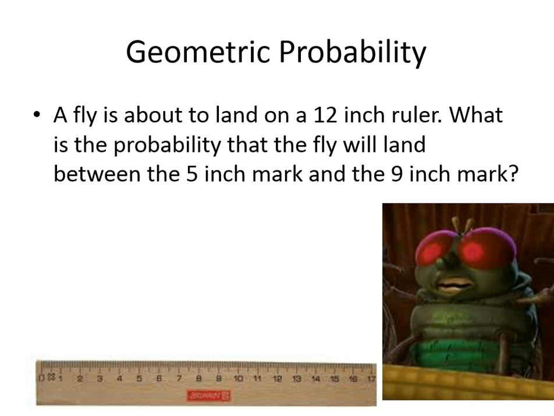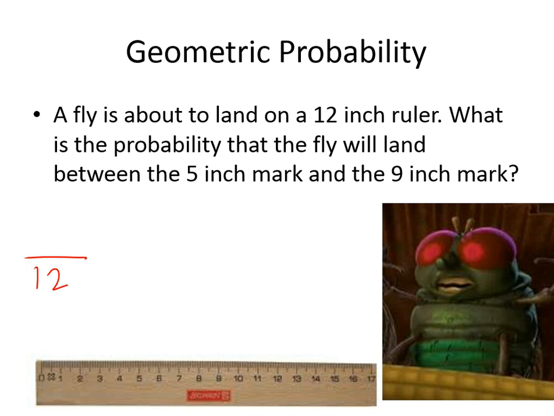What's the overall length of the possible outcomes for the fly to land? Since it's 12 inches, the possible is 12. Now, if we're measuring in inches, how much length is in our favorable outcomes from 5 to 9?